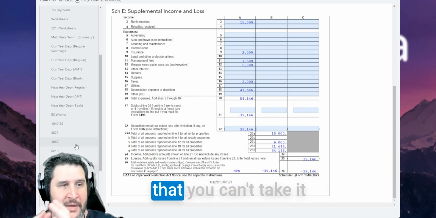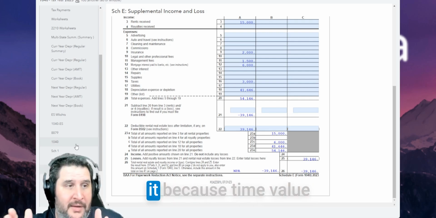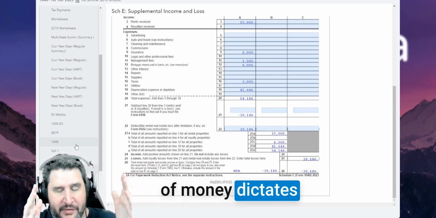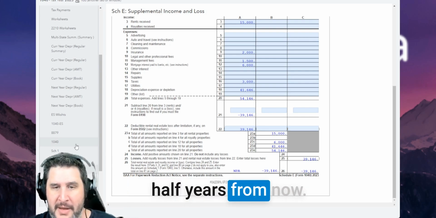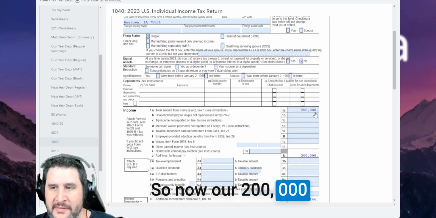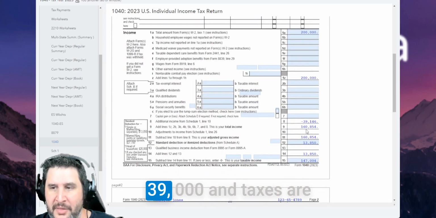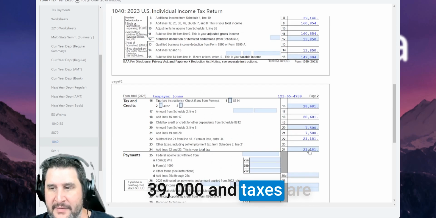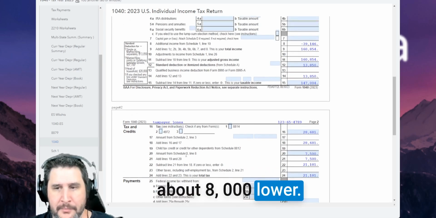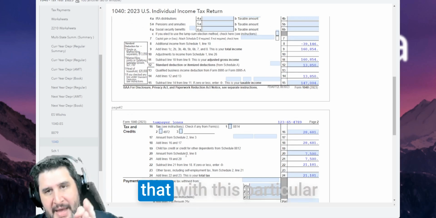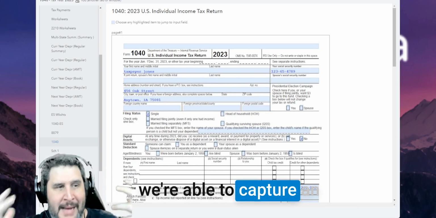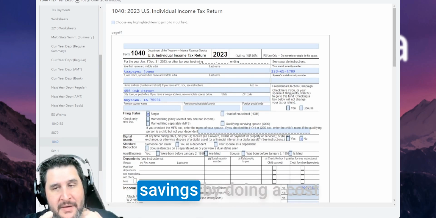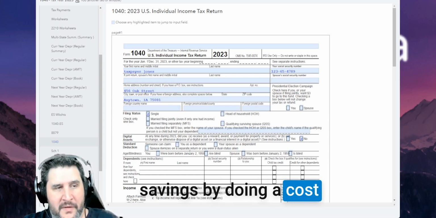You take it up front so that you can't take it later on, but it's worth it because time value of money dictates that money now is worth a lot more than money 27.5 years from now. So now our $200,000 W-2 was reduced by 39,000 and taxes are about $8,000 lower. So by reclassifying that with this particular taxpayer situation, we're able to capture an additional $8,000 of tax savings by doing a cost segregation on the property.